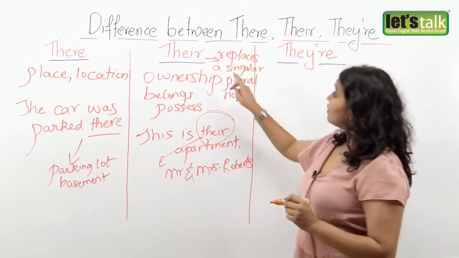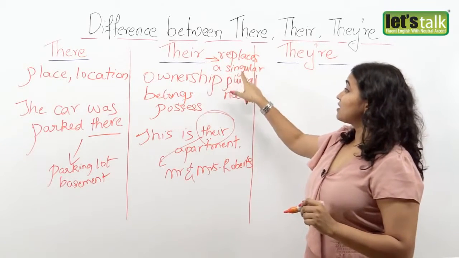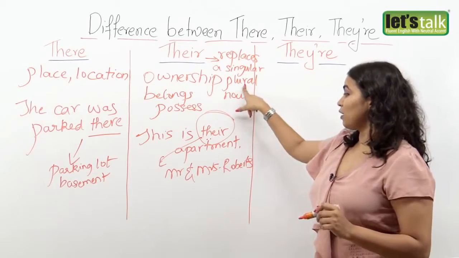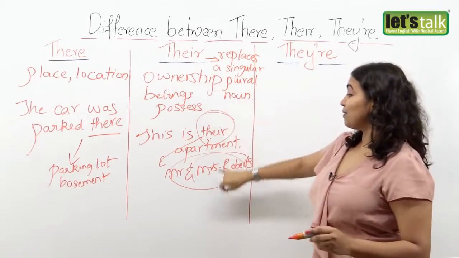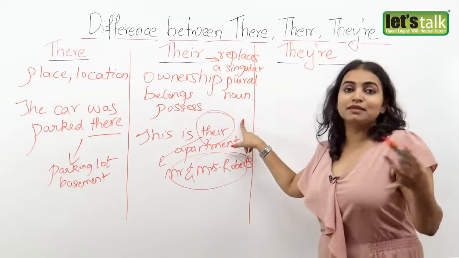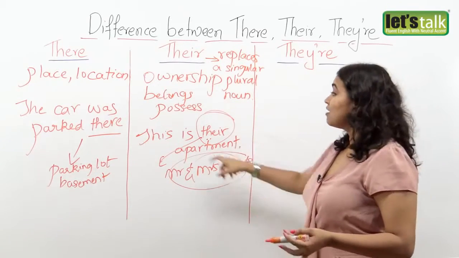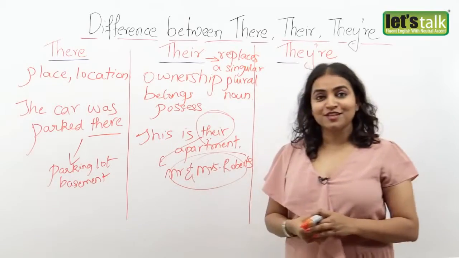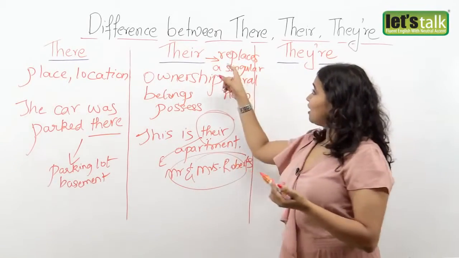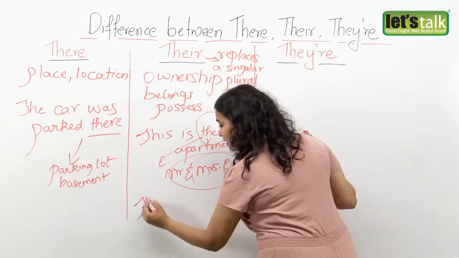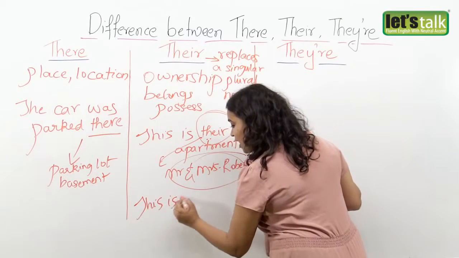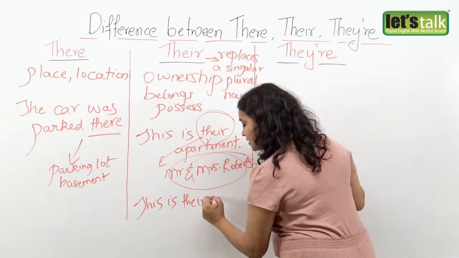So as I said, there replaces a singular or a plural noun. In this case, it is owned by two different people, so it replaces a plural noun, that is Mr. and Mrs. Roberts. So I say, this is their apartment. If you want a sentence that replaces a singular noun, I could say, this is their city.